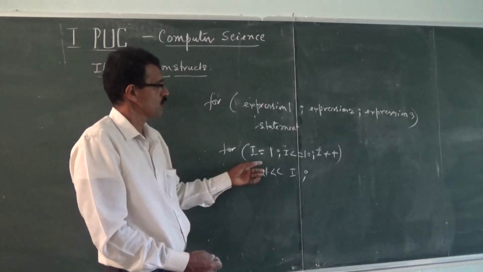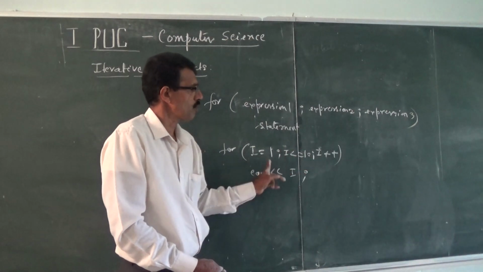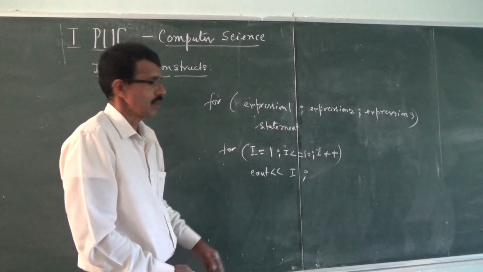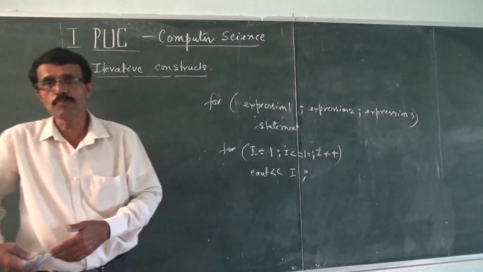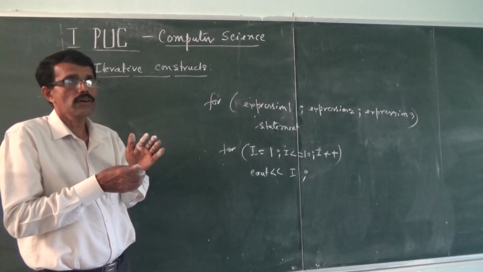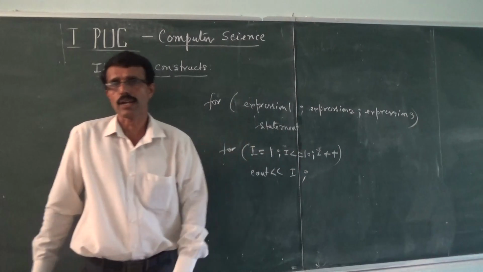I is equal to 1, and automatically the value of I is incremented by I is equal to I plus 1. This procedure will be continued till you reach the final value, right?